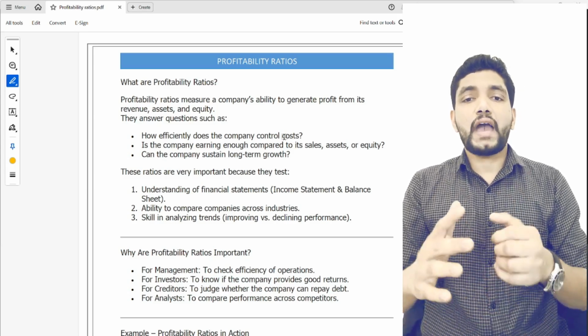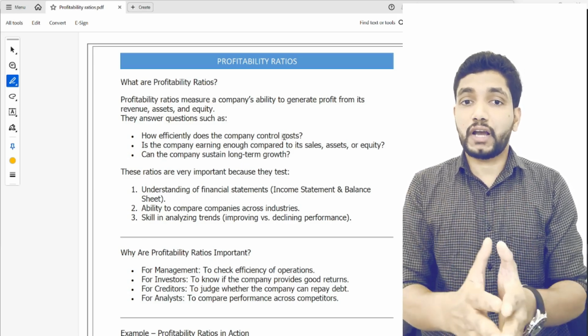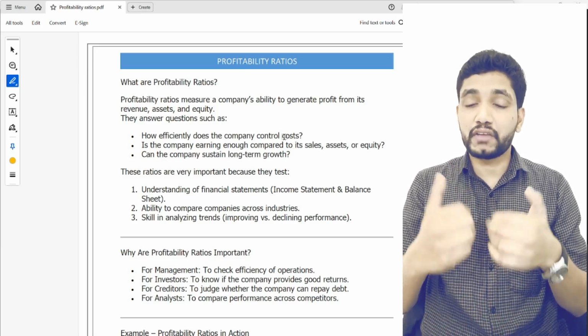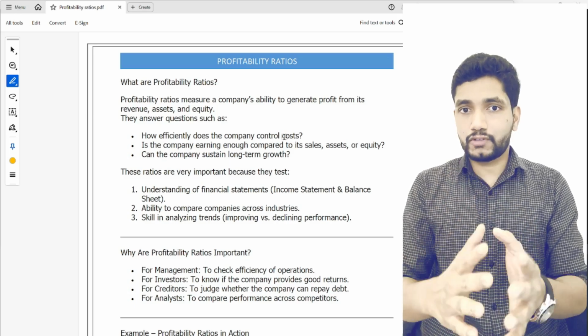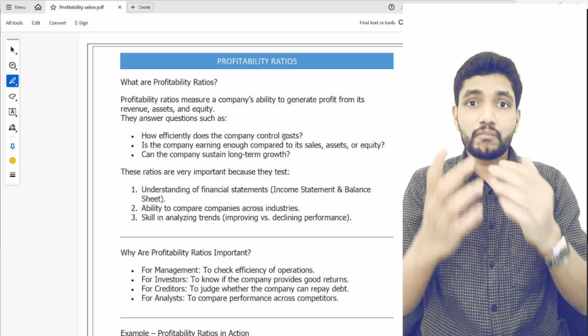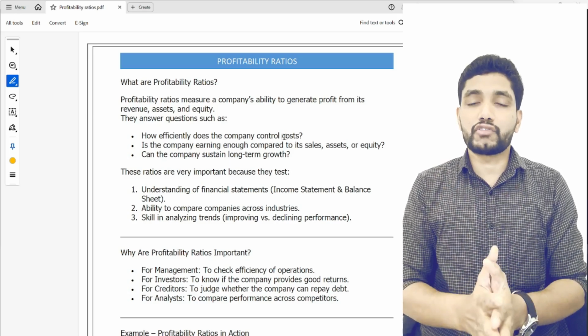So in this case, we have to evaluate the profitability of the company to see where the problem exists, whether it is related to pricing or to some cost issues. To solve this issue, we have to do some kind of ratio analysis that we call profitability ratios.